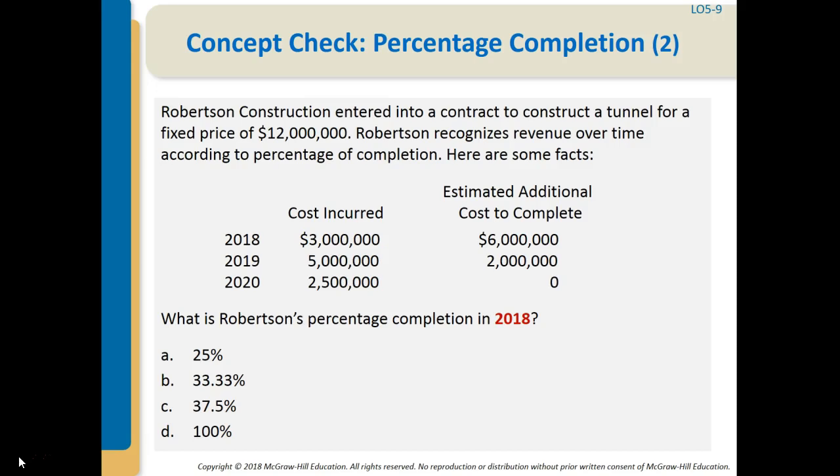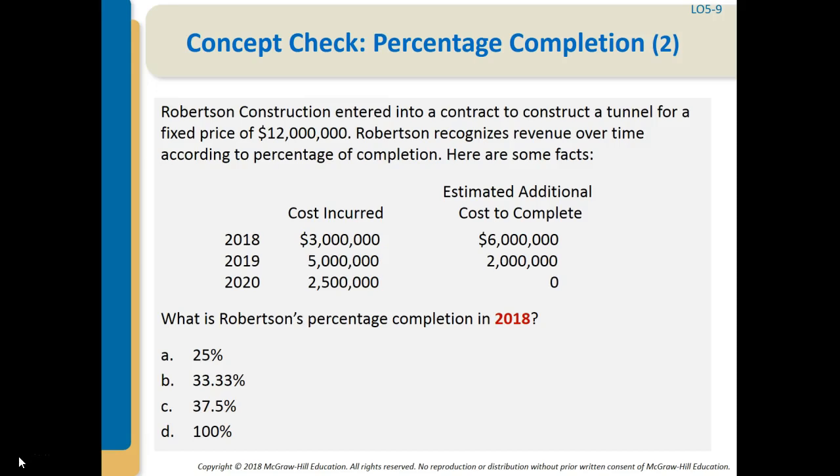Next, Robertson Construction enters into a contract to construct a tunnel for $12 million. Robertson recognizes revenue over time according to the percentage of completion. We've got some different numbers here. In 2018, $3 million of costs were incurred with an additional $6 million to complete. In 2019, $5 million of costs were incurred with an additional $2 million to complete.